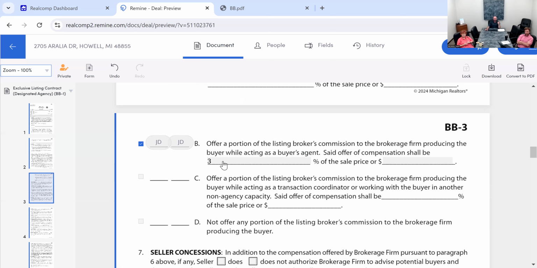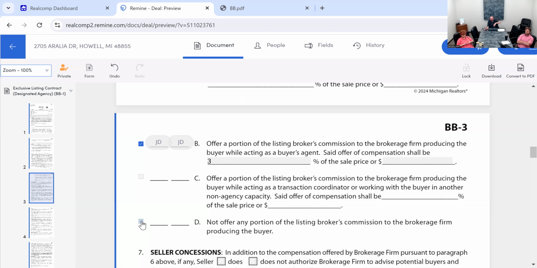If they weren't willing to do A, B, or C, then it's not to offer any portion of the listing broker's commission to the brokerage firm producing the buyer. Now keep in mind, this is just the upfront, what they're agreeing to at the outset. If they are adamant that they want to say upfront no, they're not offering anything, that does not preclude them from being able to change their mind later on.